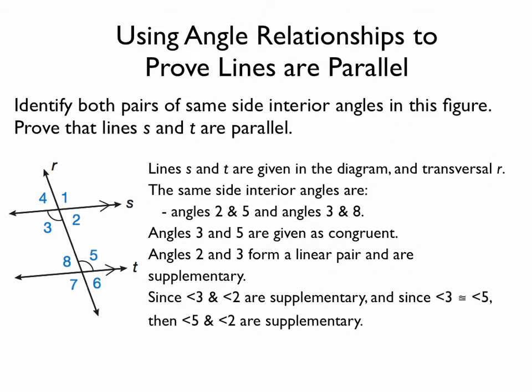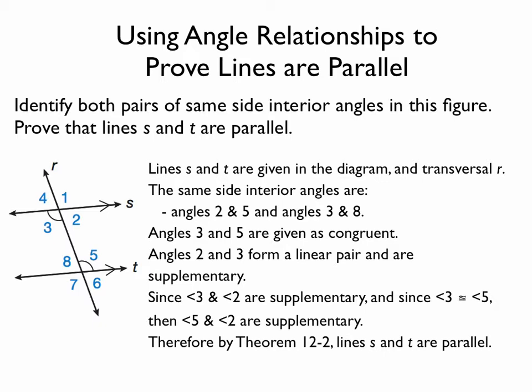Since angle 3 and angle 2 are supplementary, and since angle 3 is congruent to angle 5, we can substitute angle 5 for angle 3, and we can now say that angle 5 and angle 2 are supplementary. So because of that, by the converse of the same side interior angles theorem, we know that the lines are parallel.